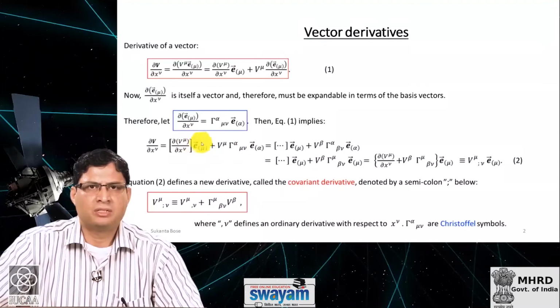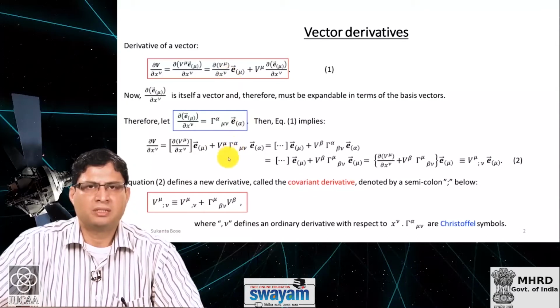The first one here is the same term verbatim as the first term on the right hand side of equation 1. It is the second term where we replaced the derivative of the basis vector in terms of these Christoffel symbols and their sum over the basis vectors.